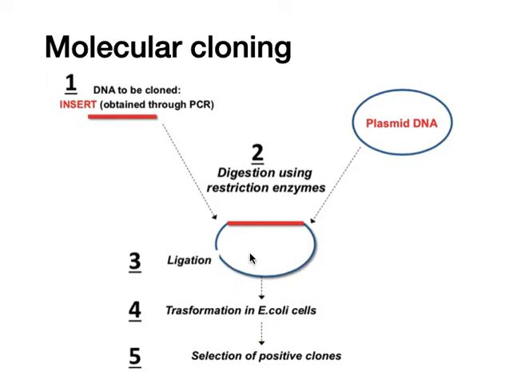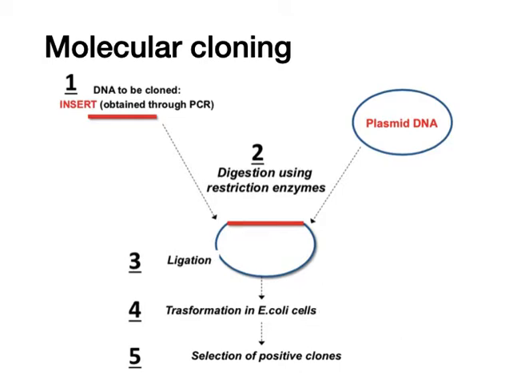After that, we can proceed to transformation, which is basically allowing a recombinant plasmid. When we say recombinant plasmid, it's the plasmid that we use plus our DNA of interest to be integrated into our host cell. So usually we use E. coli. Okay? And lastly, we will culture the E. coli containing our recombinant plasmid DNA and then make many copies of it.